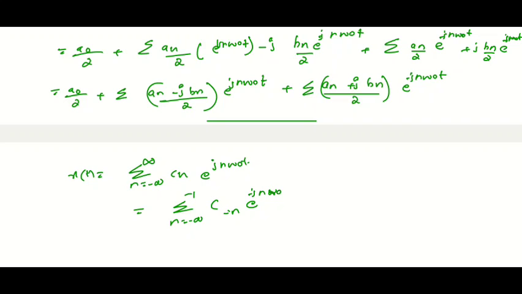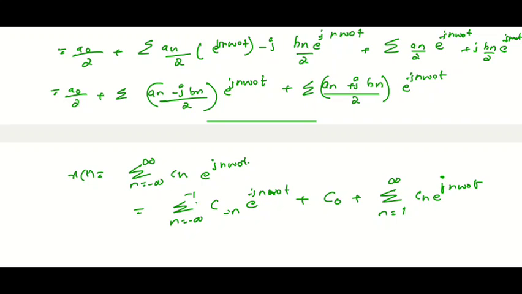again, this will be at n is equal to 0, it will be c0 and e raised to j 0 will be equal to 1, again c0 plus sigma n is equal to 1 to infinity, it will be Cn e raised to j n omega 0 t.